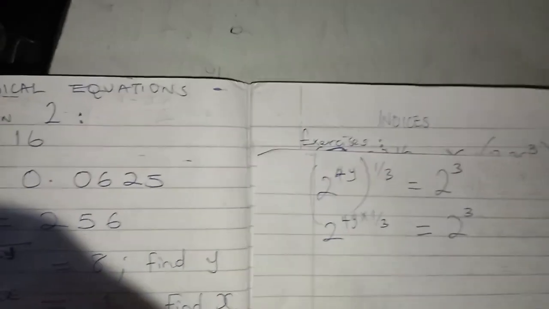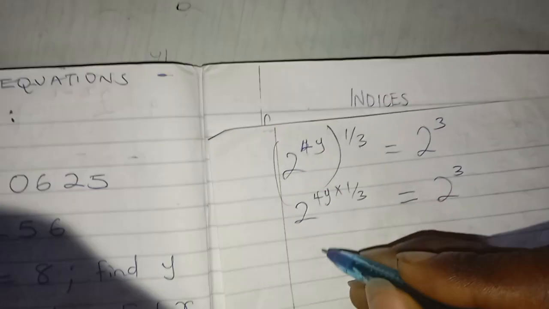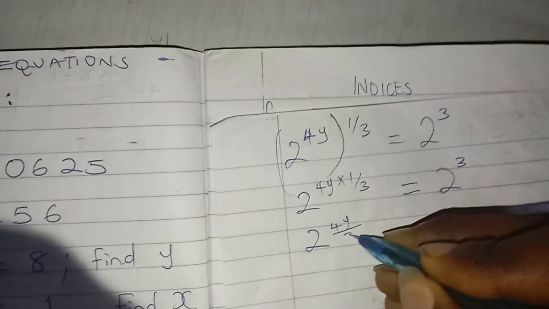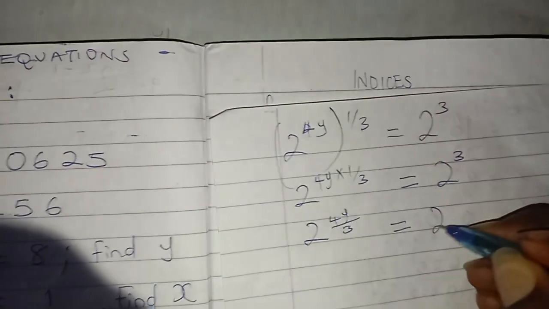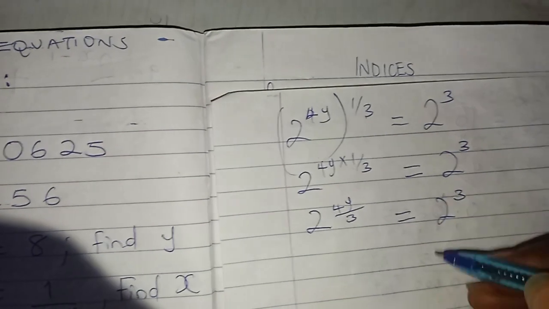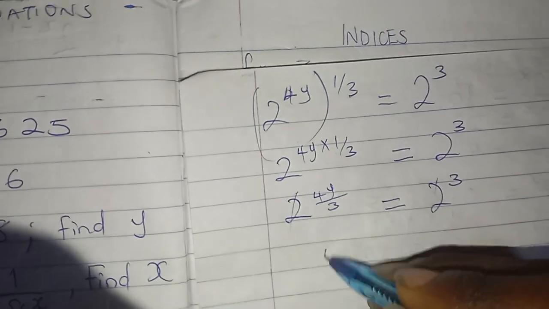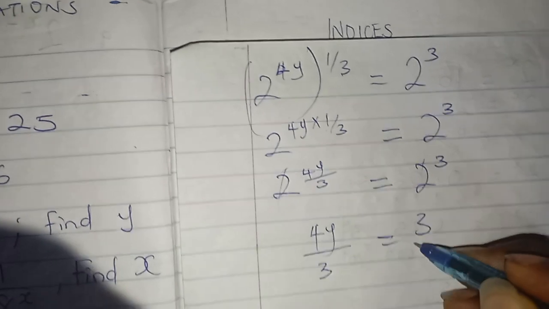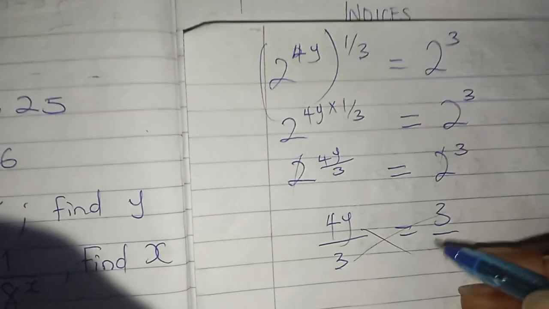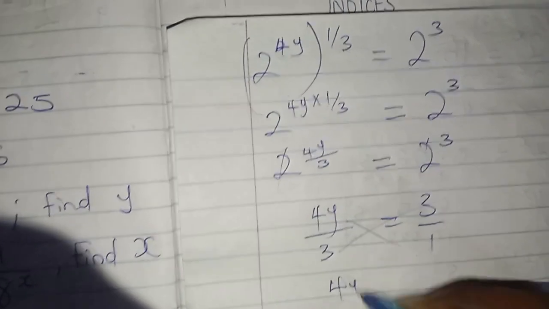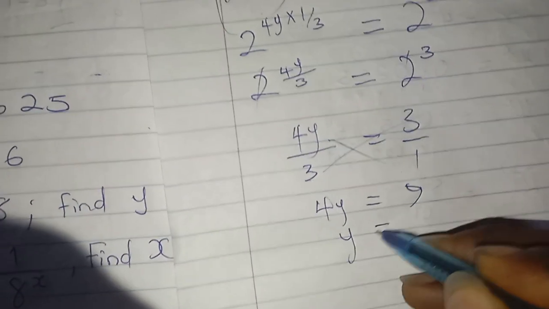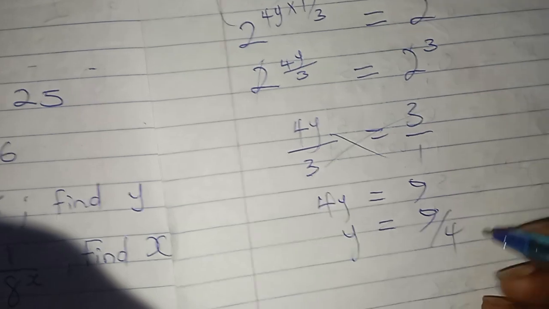Applying power law, this is the same thing as saying 2 raised to power 4y over 3 is equals to 2 raised to power 3. And since the bases are the same, equate the powers so that I have 4y over 3 is equals to 3. Anything standing on this one is over 1, cross multiply, so that I now have 4y is equals to 9. Now y is equals to 9 over 4.